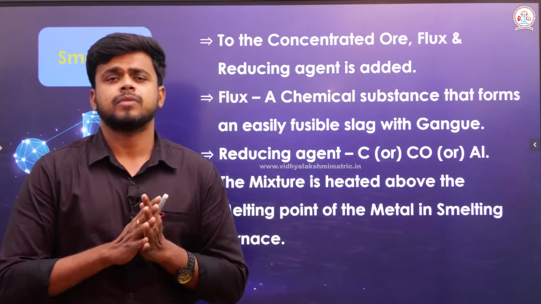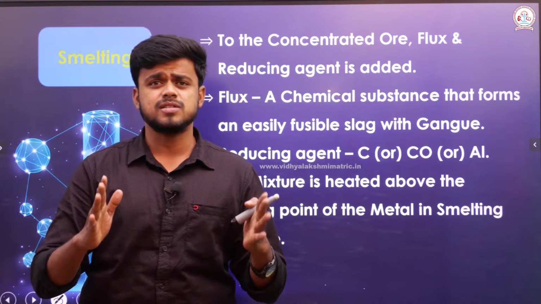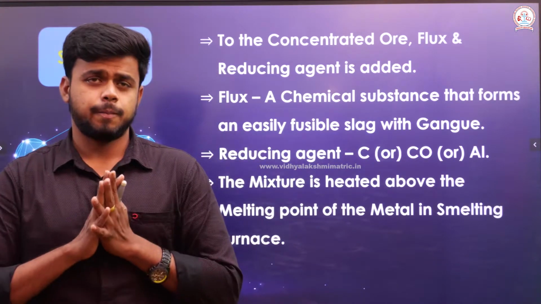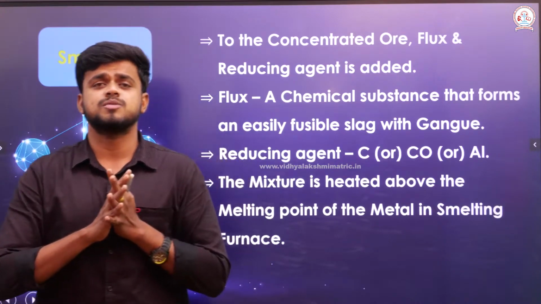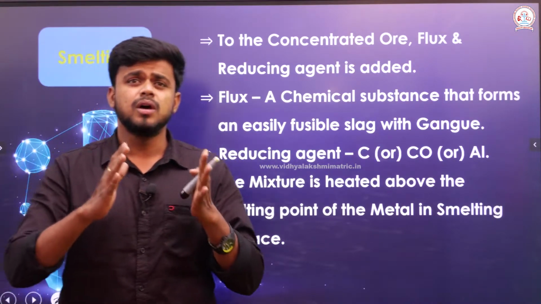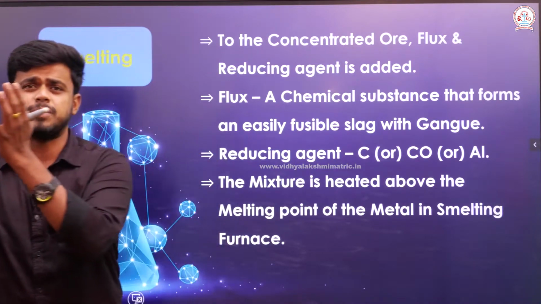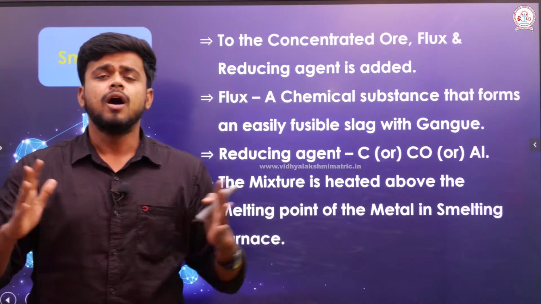The first process that we are going to deal with here is smelting. Through the process called smelting, I am going to remove the oxygen which is present in the metal oxide and separate a pure form of the metal.